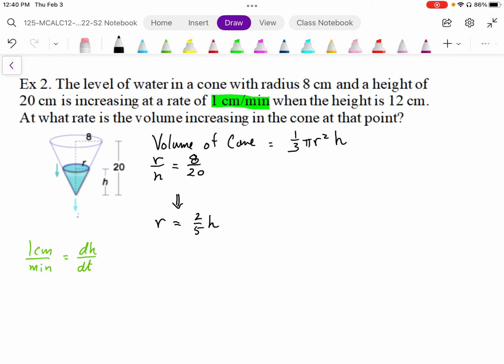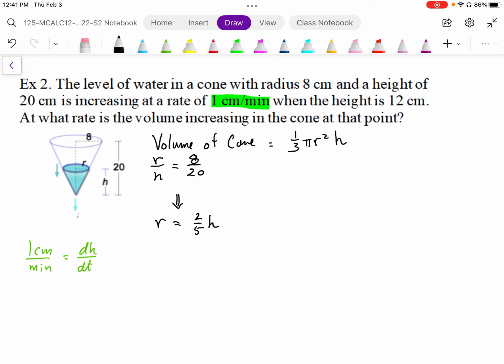So the way we do this is first of all, we have our rate, our volume, or sorry, our dh by dt rate. We have the r to h ratio is 8 to 20. And then I'm just going to rearrange this so I get r is equal to 2/5 of the height. So we can figure out how to get r based on the height.